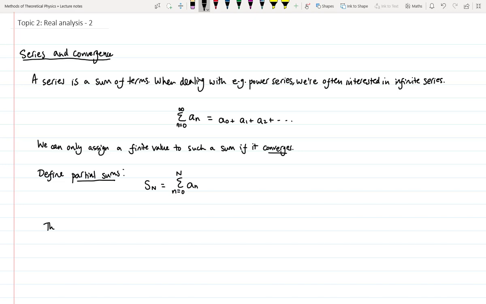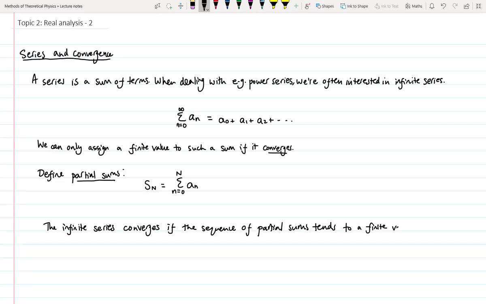Now the infinite series converges if the sequence of partial sums, so a sequence is just a list of numbers, tends to a finite value, S, as the number N tends to infinity.